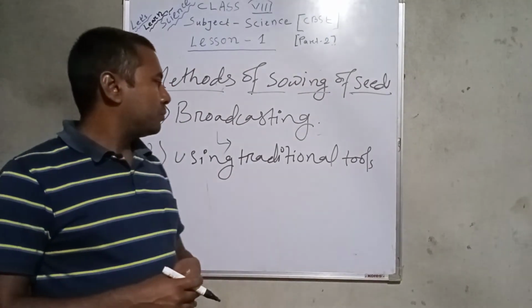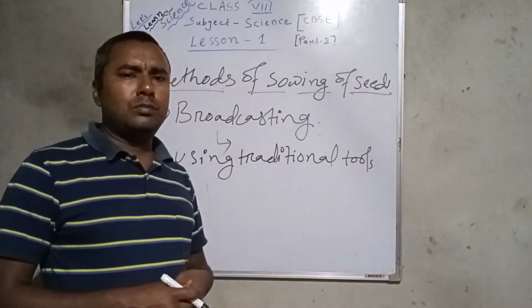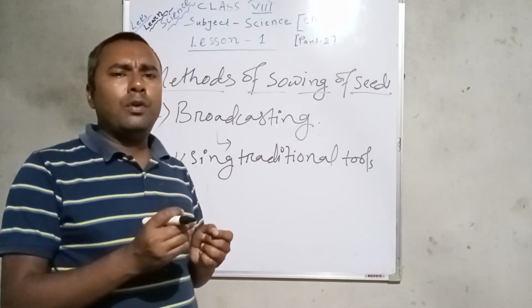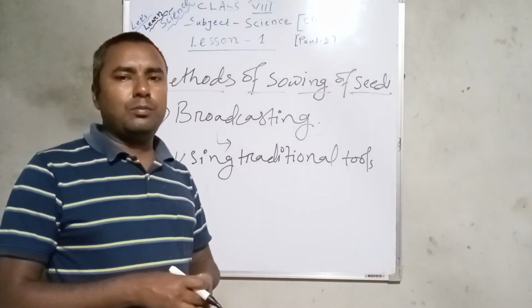In this method, a funnel is used, and that funnel is connected with a narrow tube and connected with the plough.